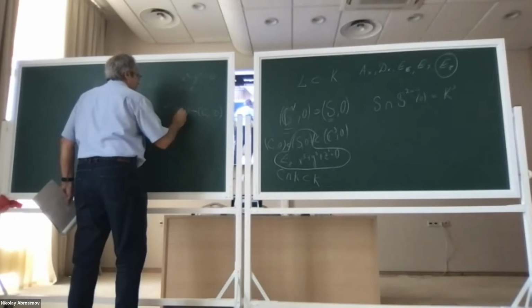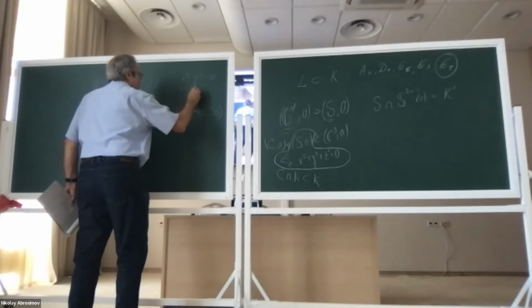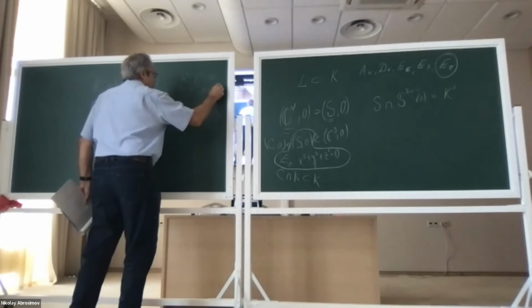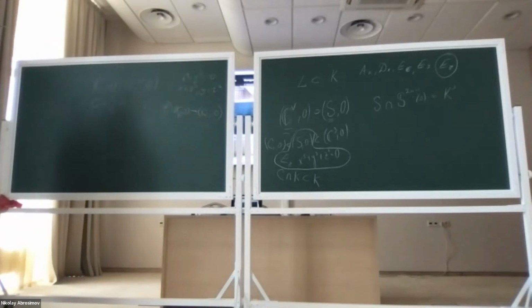Tau. x is equal to tau squared and y is equal to tau cubed. So we have uniformizations.